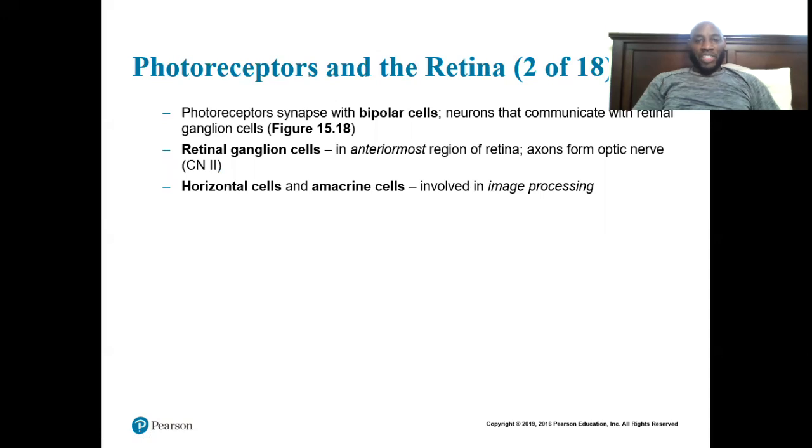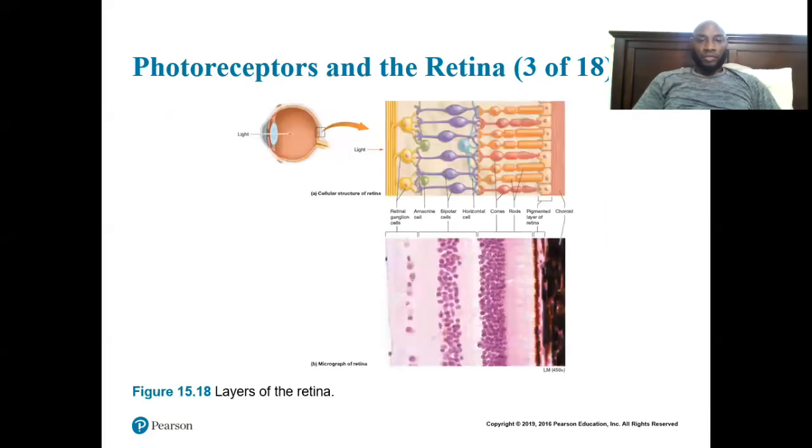Your photoreceptors synapse with bipolar cells, which communicate with the retinal ganglion cells. Here we have cranial nerve number 2, retinal ganglion cells in anteriormost region of the retina, axons form the optic nerve, cranial nerve 2. Right. So now we've covered a bunch of the cranial nerves. Your horizontal cells and amacrine cells are involved in image processing.